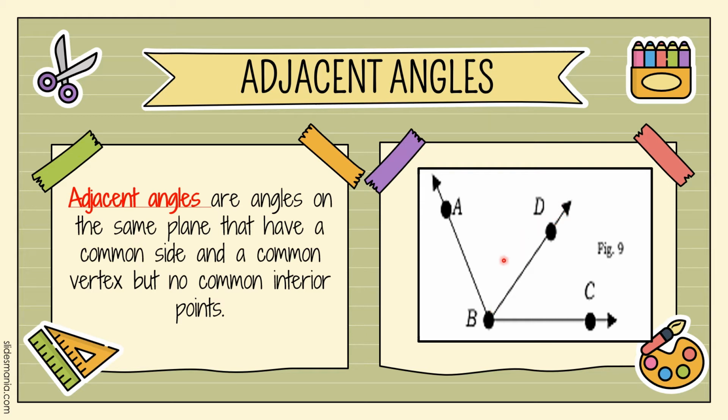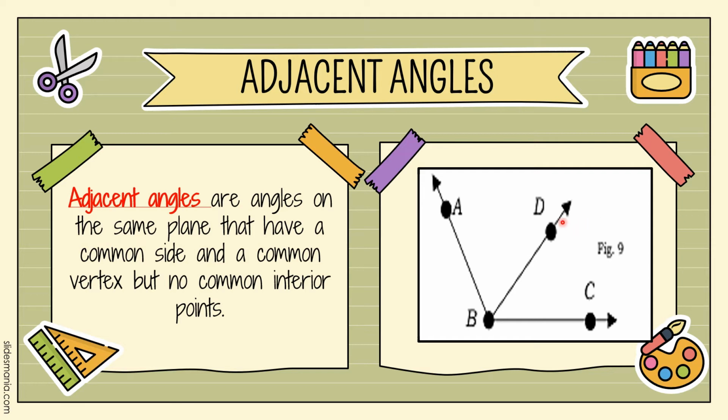This ray BD divides angle ABC into two parts, wherein these two parts are called adjacent angles. Angle ABD and angle DBC are called adjacent angles because they have this common side. Again, we have adjacent angles if we have a common side for both angles.